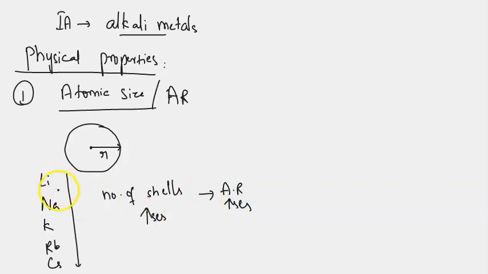So from top to bottom we observe the electron entering into next shell. Here it is second shell, third shell, fourth shell, fifth shell and sixth shell. So as the number of shells increases from top to bottom, atomic radius also increases. They are the largest sized elements in their own period or shell.